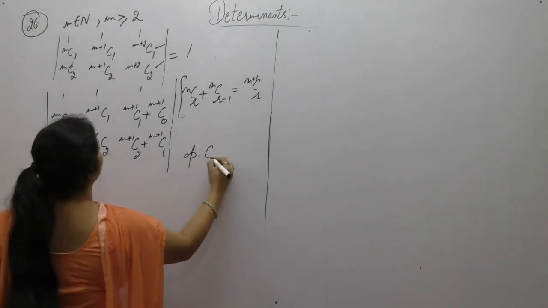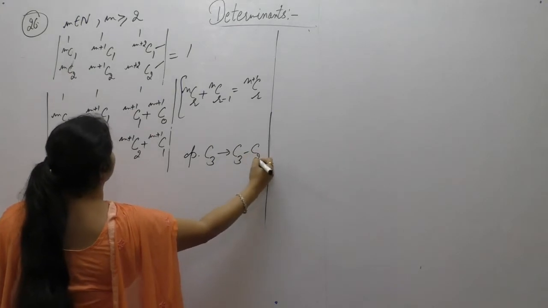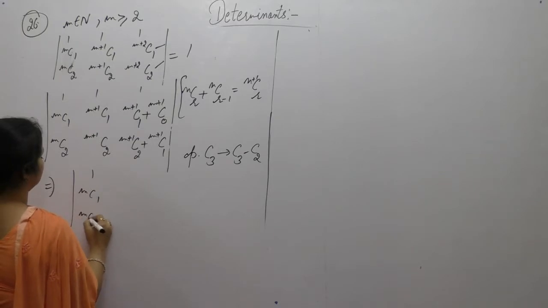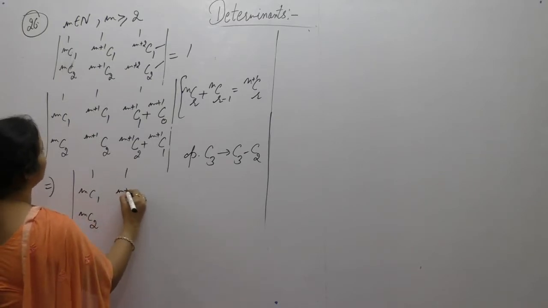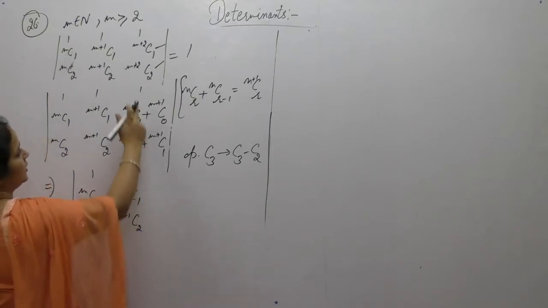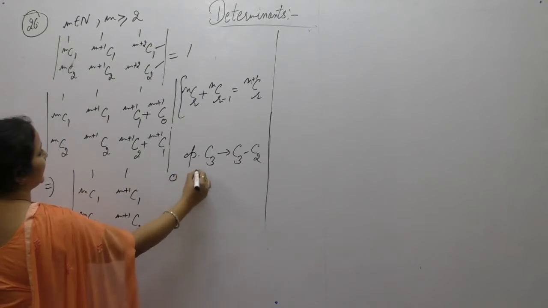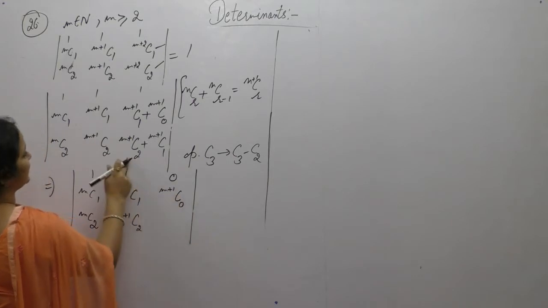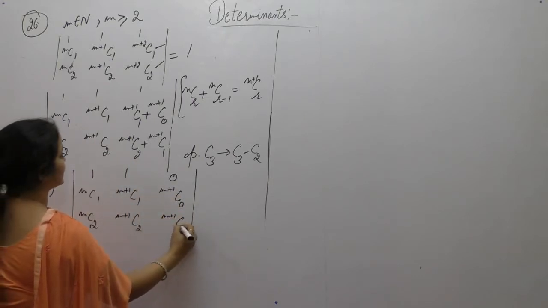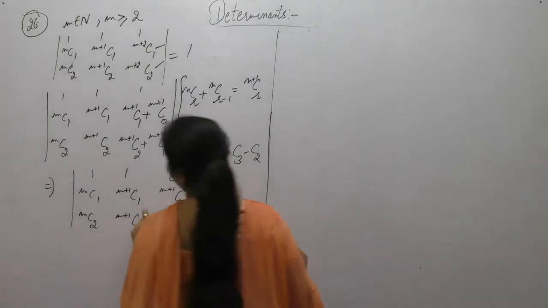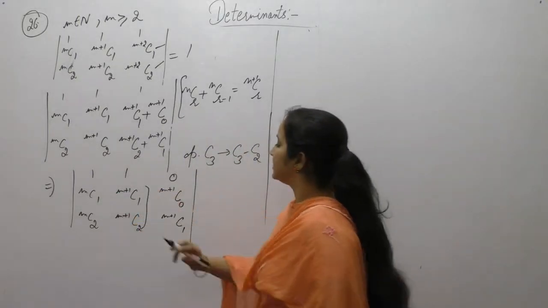After that, operate C3 as C3 minus C2. 1, mC1, mC2, 1, m plus 1 C1, m plus 1 C2. C3 minus C2, 1 minus 1. This term will get cancelled. m plus 1 C0, m plus 1 C1. Now again apply this identity on C2 terms, these two terms.